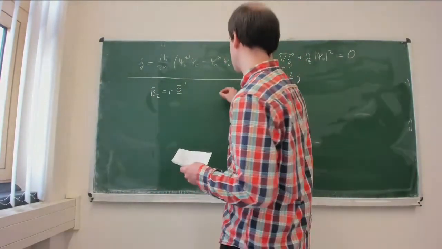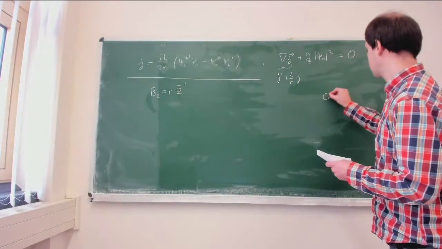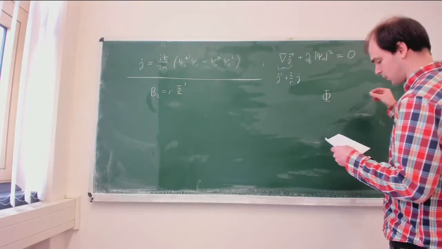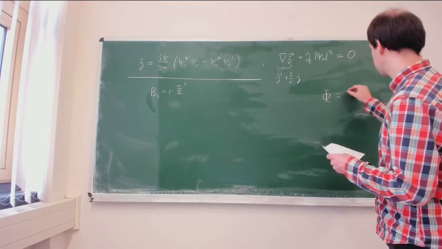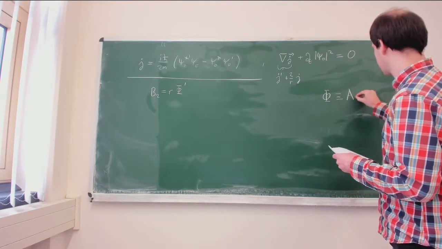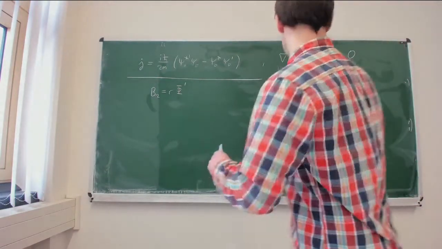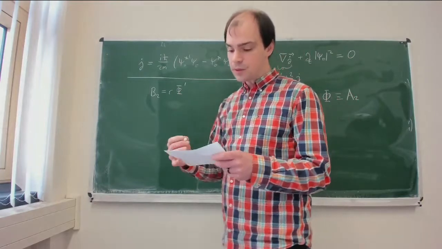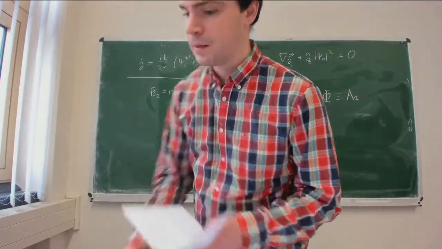So remember that the potential phi that appears in the Schrödinger equation is simply the A2 component. So A2 we can identify with phi, at any time. That's what we did in the previous lecture. So we have this equation, B2 equals R phi prime.